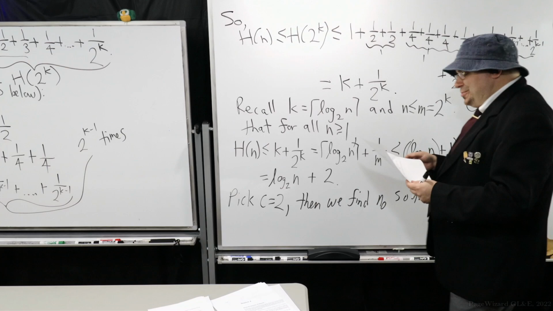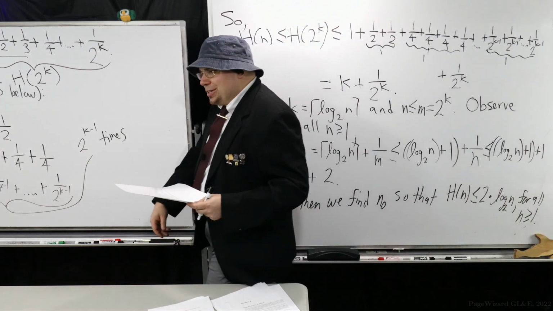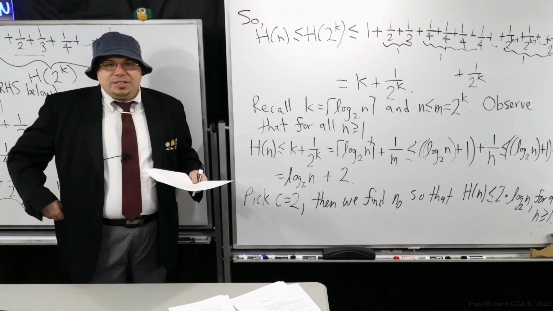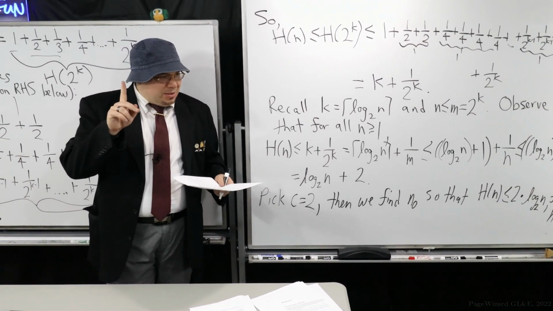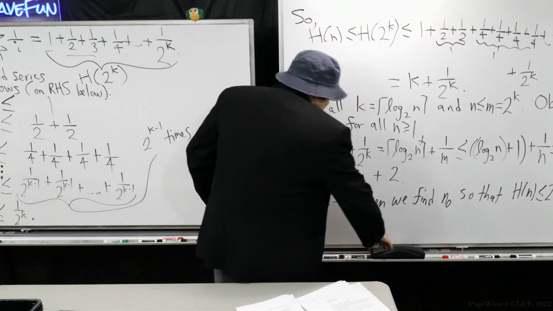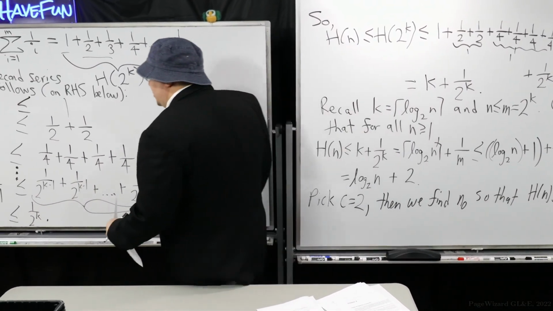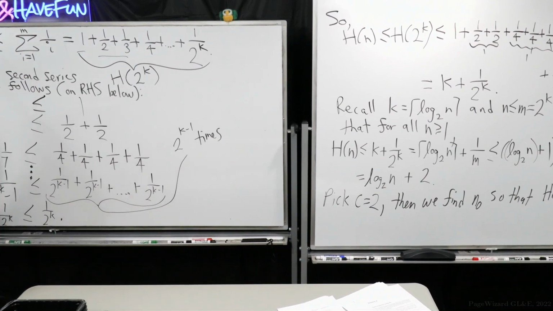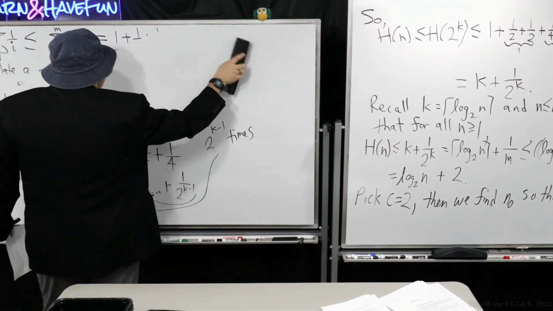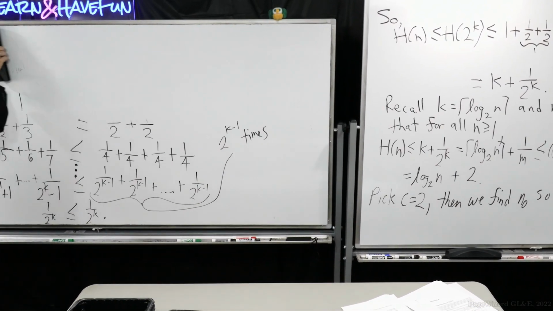Well, let's put it all together. We got one last step and then we're done. Now, I'm going to take advantage of the fact that I know that a logarithm is an increasing function. That's a fact that you can prove using induction or calculus, but I'm just going to take that as a fact, okay?